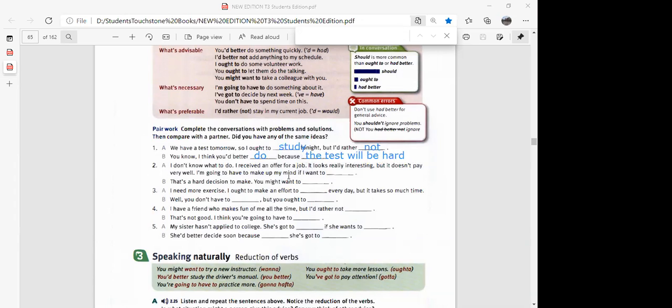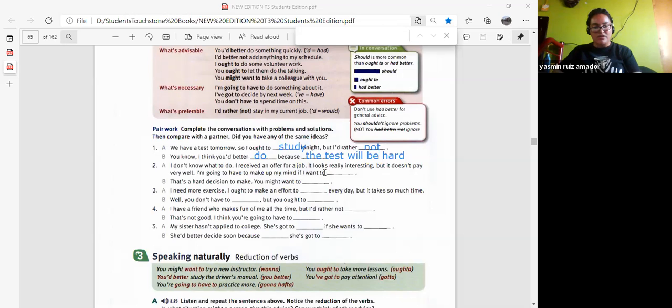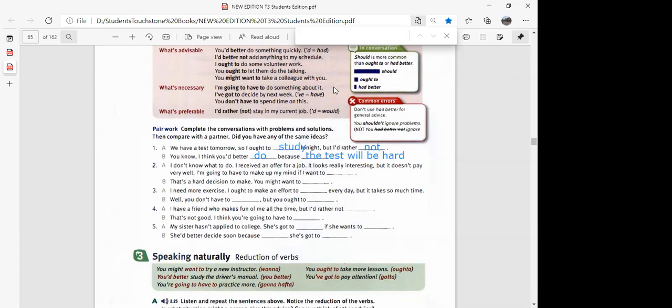I receive an offer for a job. It looks really interesting, but it doesn't pay very well. I'm going to have to make up my mind if I want to work or if I want to make some money.